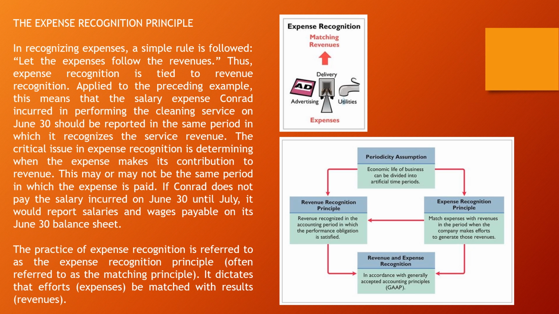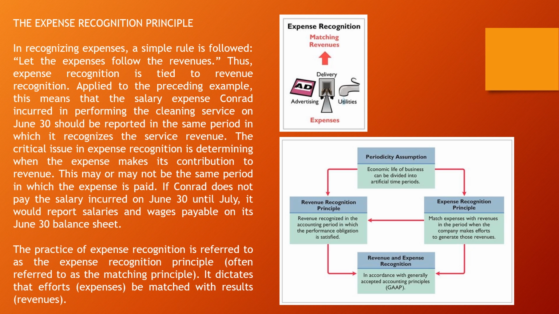Thus, expense recognition is tied to revenue recognition. Applying this to the preceding example, the salary expense incurred for performing the cleaning service in June should be reported in the same period in which the company recognized the service revenues.